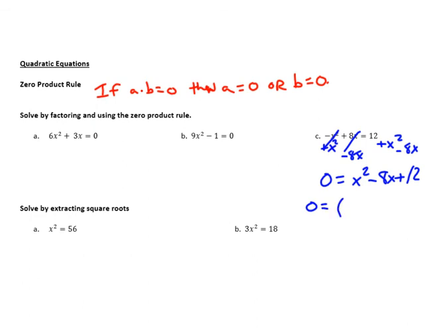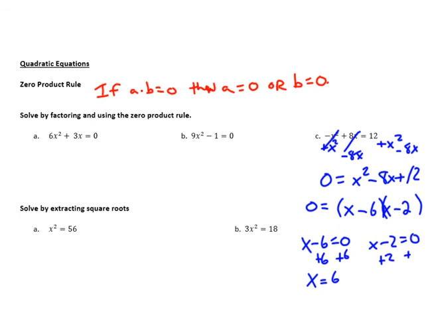This is a nice trinomial. So x times x will give me x squared. Multiplies to give me 12, but adds to give me negative 8. Well, that's a negative 6 and a negative 2. We've got two things multiplied equal to 0. Set them both equal to 0. Add 6 to both sides on this one.